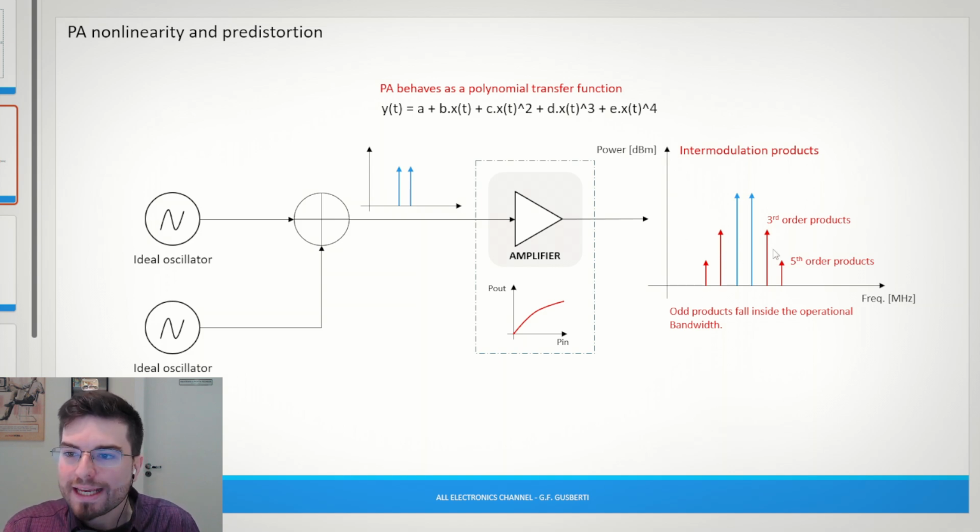All this new frequency content that appears in the output of the amplifier that was generated by the nonlinear process is called intermodulation products. And these tones are called intermodulation products because they fall inside the operational bandwidth of the amplifier. They fall inside the modulation bandwidth. These new terms are corrupting the modulation.